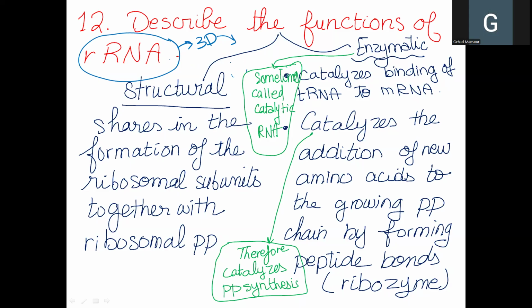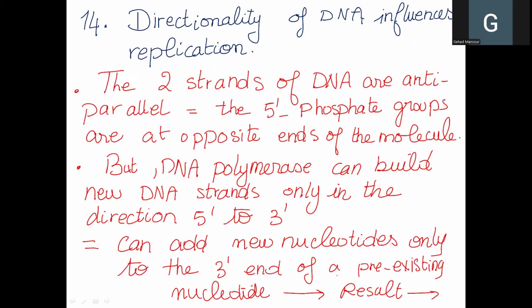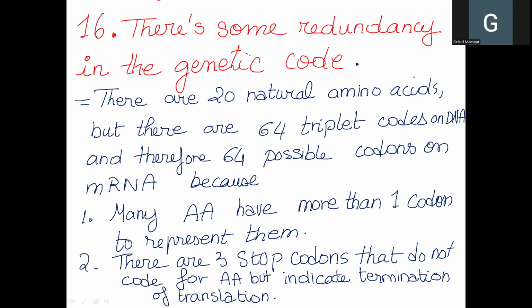You might be telling me, but the transfer RNA has a 3D shape. Yes, but it is a 3D shape that does not have a catalytic site. But the ribosomal RNA arranges itself in a 3D shape, although it's not a protein, that is similar to the active domain or the active site on an ordinary enzyme.